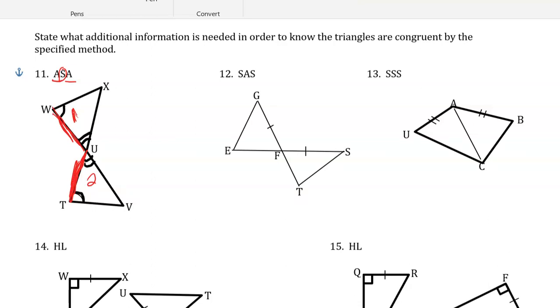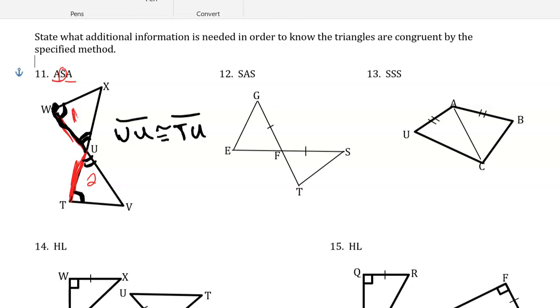So what we would say is, what we need to know is that WU, so from here to here, would have to be congruent to, notice how we went from the 1 arc to the 2 arc, which is TU. If we knew that, then we could say by angle, side, angle, those two triangles are congruent.